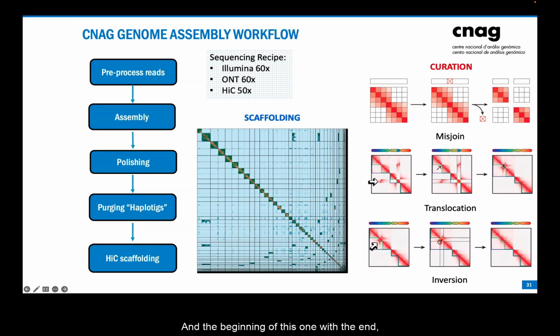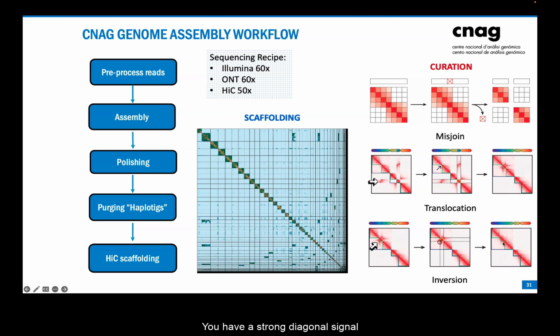And the beginning of this one with the beginning of the next scaffold. Okay, so in this case, this is basically a continuation. You go and you fix the inversion. You flip the orientation of this particular contig, and everything has a nice, the contact map looks much nicer.